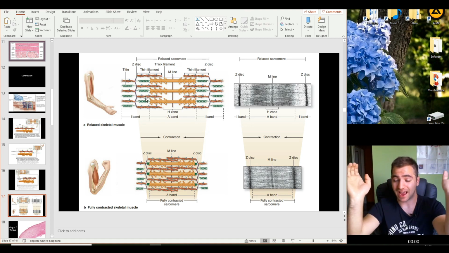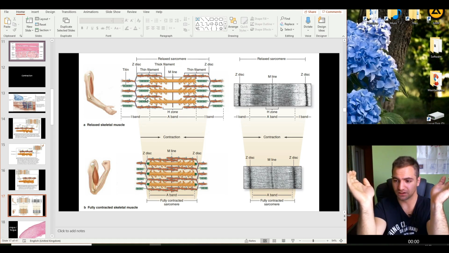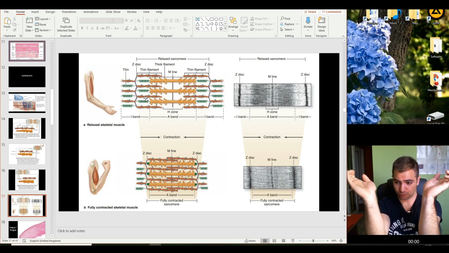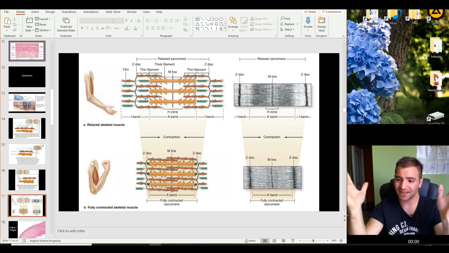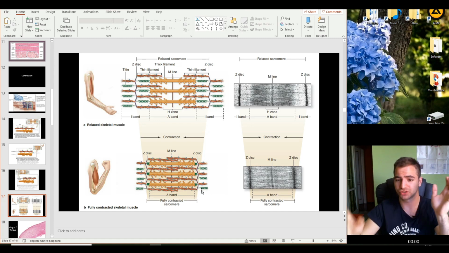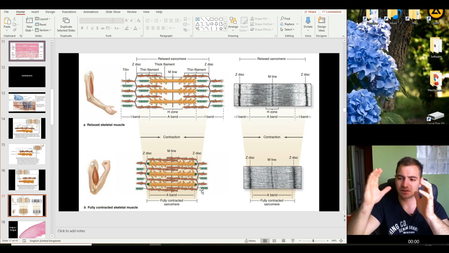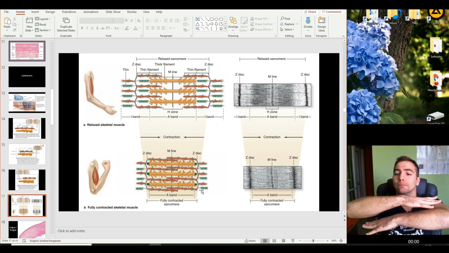And again, after the usage of ATP, this movement allows the myosin heads to move inwards towards the center and result in this picture as it is here, which is the overlapping bands. The overlapping of the thin and the thick filaments is now complete.